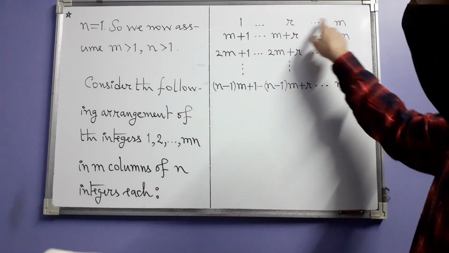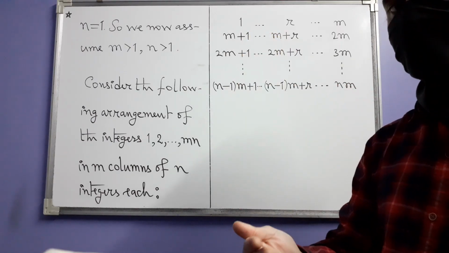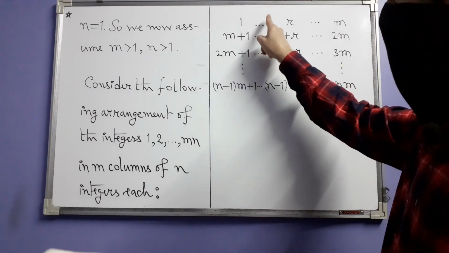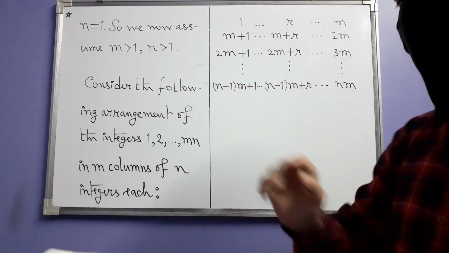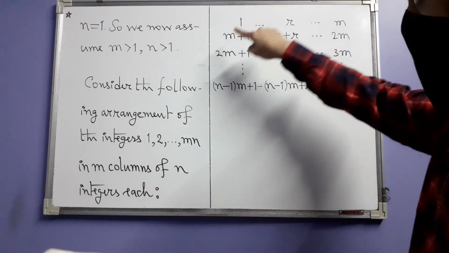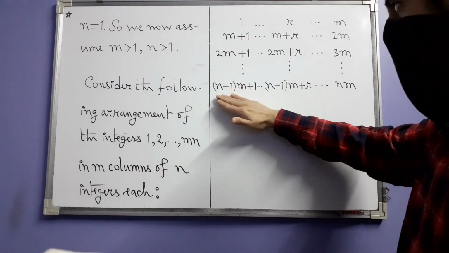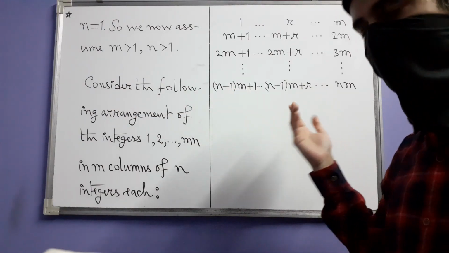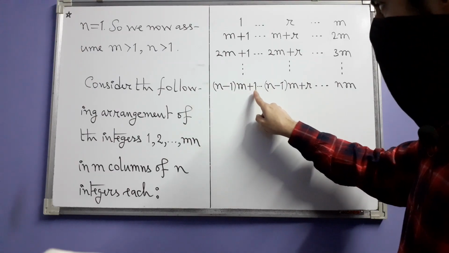If you go in this fashion, you just increase the integers one by one. After 1, you will have 2 in the next column as the topmost entry of the second column, then 3, then 4, like that you reach m, and then m plus 1, m plus 2, like that it goes. In the last row, because these are rows, things go like this: (n minus 1) times m plus 1.